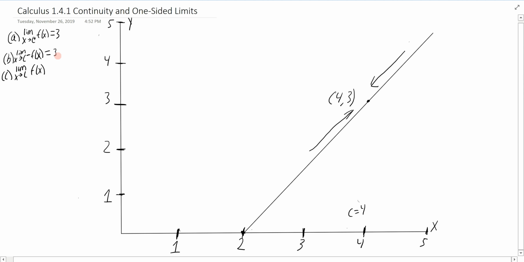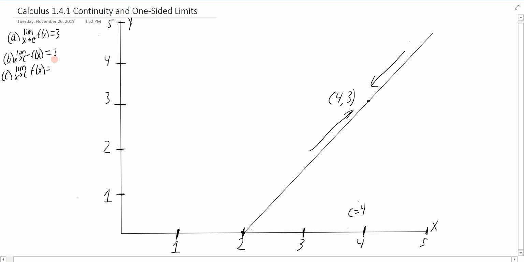Now for part C here, we're looking at the limit as x goes to c of f of x. And so because we know, as we've done previously in these last two parts, we've looked at from the left and from the right. And so because of that, we know that we can evaluate this limit because it's the same value from the left and from the right.